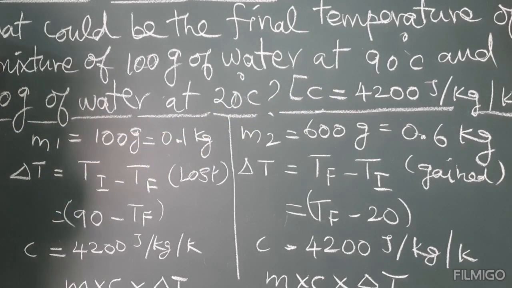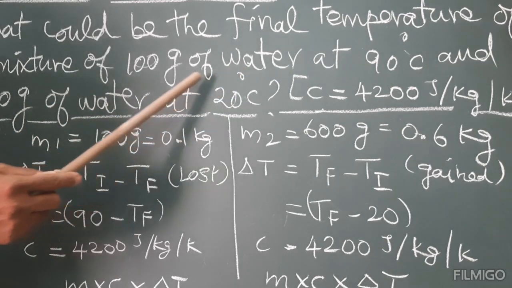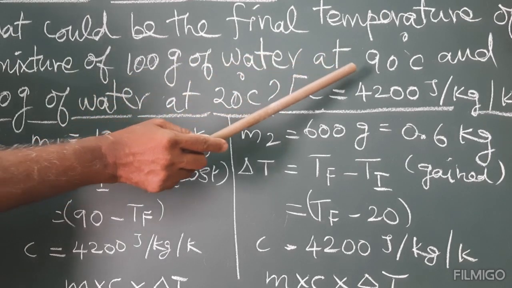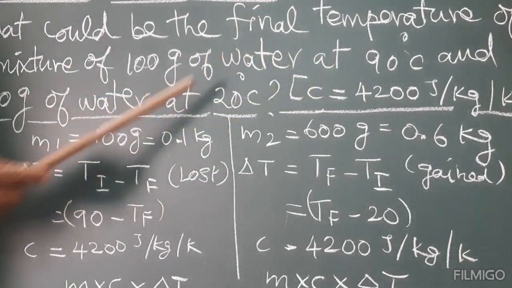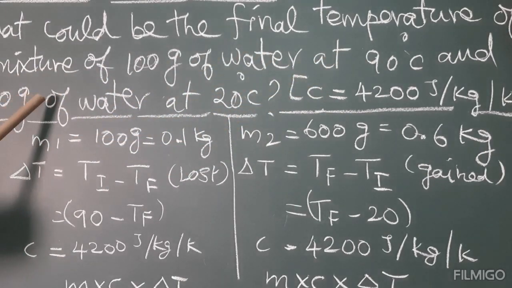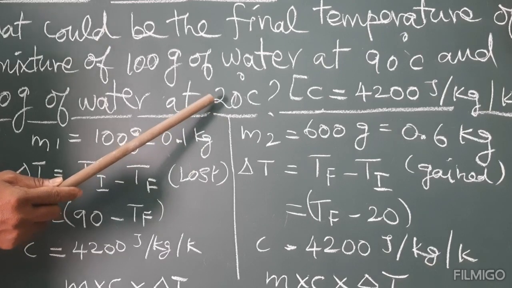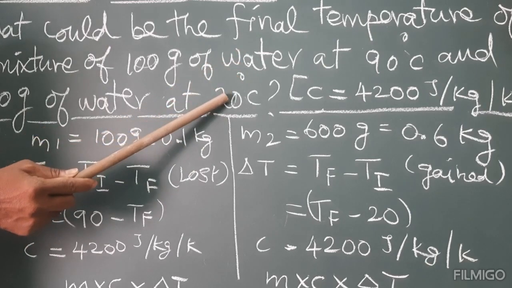Now here, 600 grams of water at 20 degrees Celsius is mixed with 100 grams of water which is at 90 degrees Celsius. When these two are mixing, this 100 grams of water is at high temperature, whereas the 600 grams of water is at low temperature. So usually the heat flows from the high temperature to the low temperature.